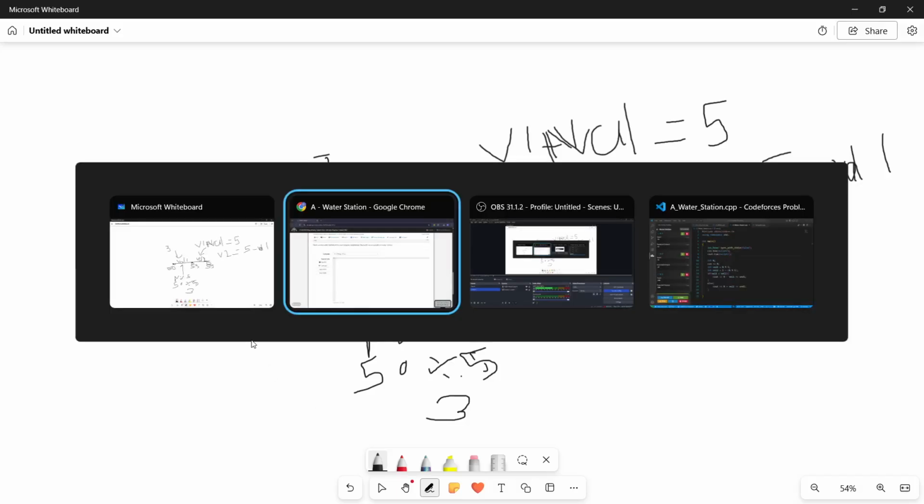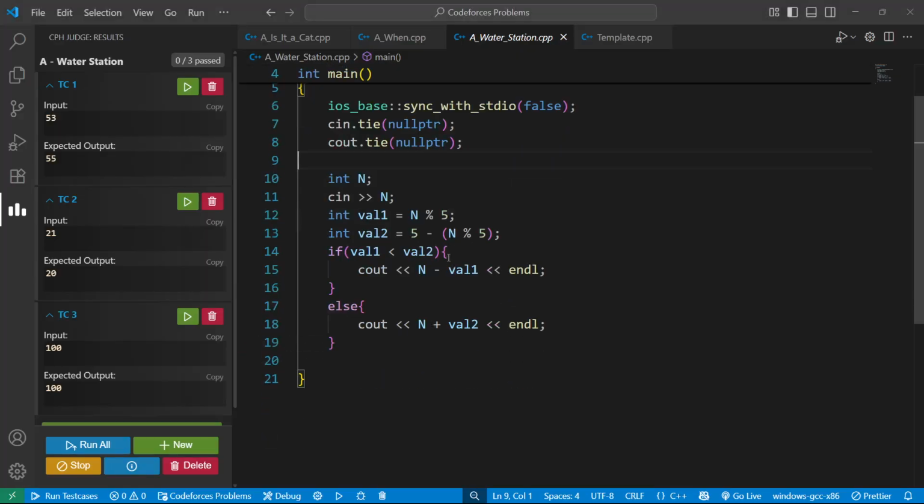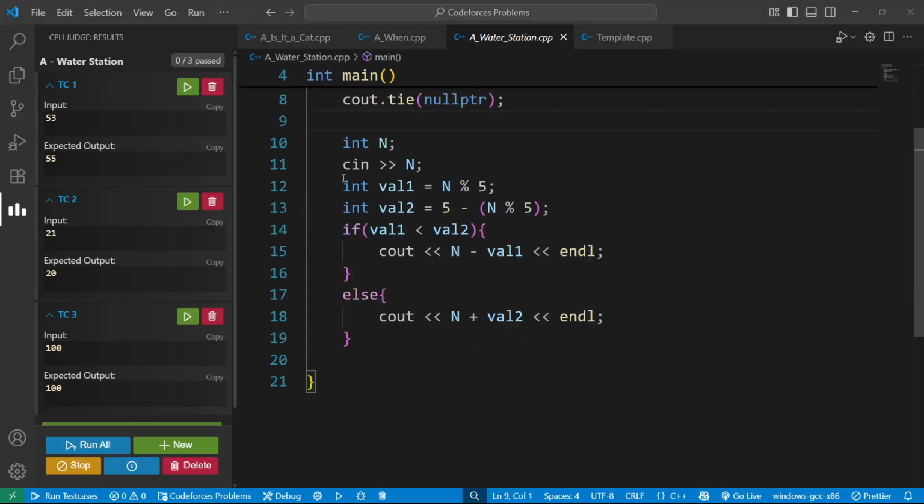Here I have already written the code for this. For int n, we will input cin >> n. Then value 1 will be n modulo 5, and value 2 will obviously be 5 minus n modulo 5, or you can say 5 minus value 1.